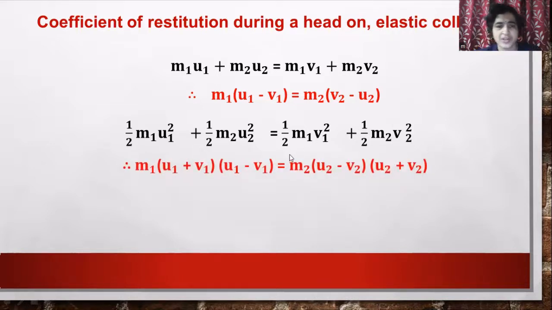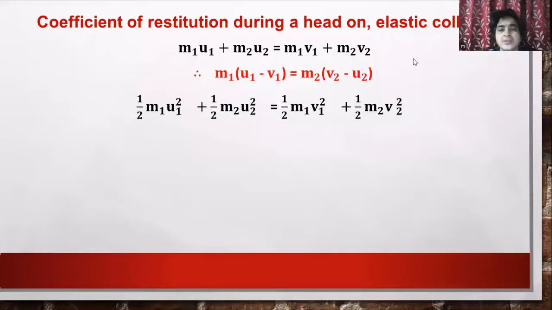What we shall do is this. This half will come common and will get cancelled. So I shall show it cancelled like this.